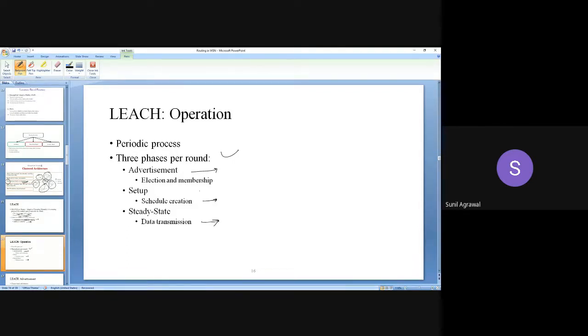Before transmission of data from the sensor node, the cluster is formed, the cluster head is selected, then data transmission takes place, and again advertisement, then setup, then transmission state. So this is a continuous or periodic process.